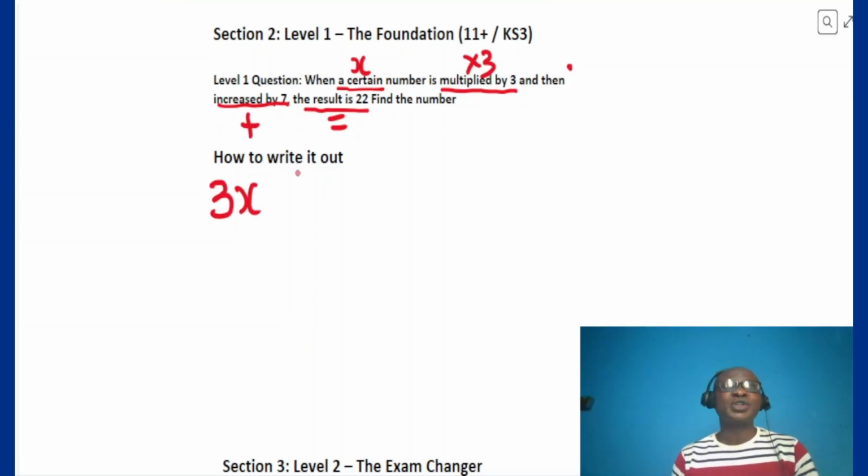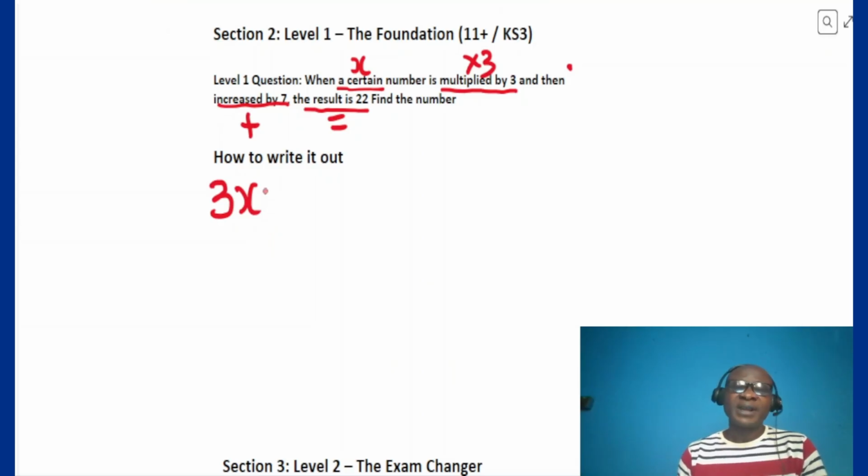We are now trying to establish a mathematical equation from the word problem, interpreting the English language into a mathematical equation. That is what we call a word problem, and it is a very big challenge to our students worldwide, whether you are preparing for 11 plus, whether you are in key stage 3, 4, whether you are preparing for GCSE, higher, or WAEC. It has been a challenge.